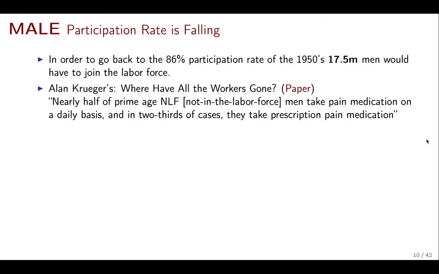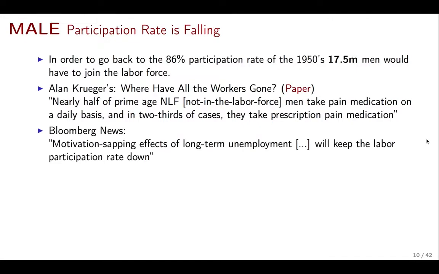And so a lot of economists have linked this trend of men falling out of the labor force to the increasing relevance of the opioid epidemic. And so we can see how this type of substance abuse can have very strong consequences for the economy because it's taking all these able-bodied people out of the labor force. So that's one thing. You can click on the paper to get a link to the paper that Alan Krueger wrote.